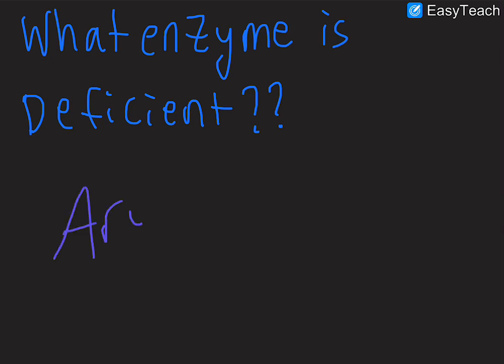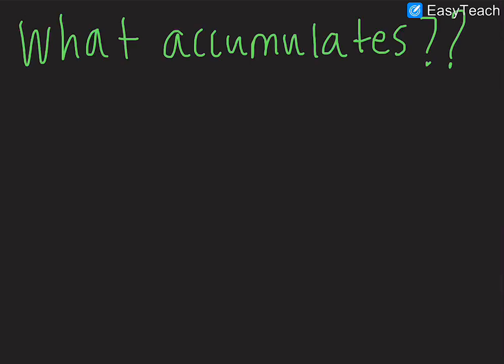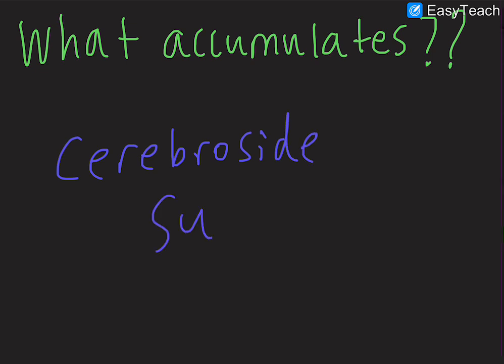That enzyme is aryl sulfatase A. If this enzyme is deficient, we have to have some lipid that builds up. So what accumulates is cerebroside sulfate.